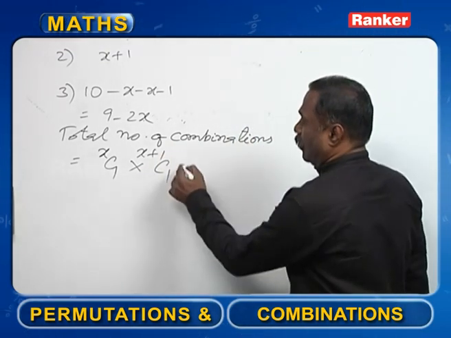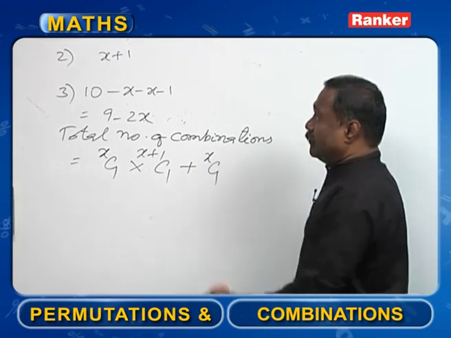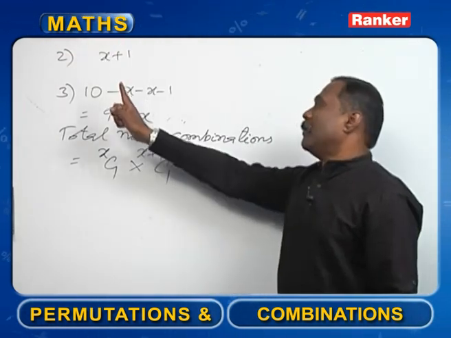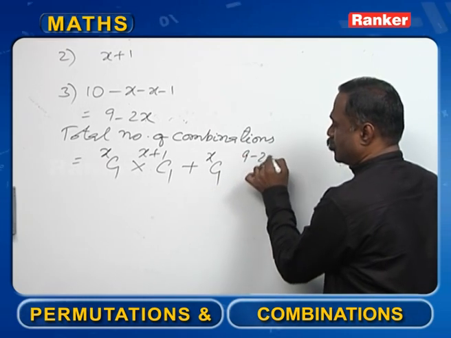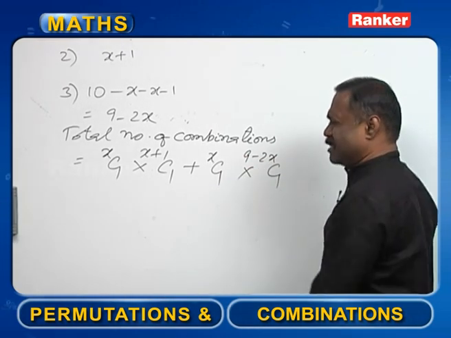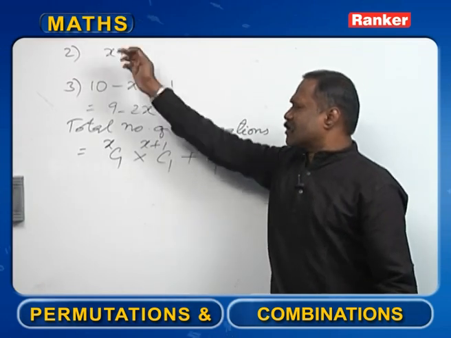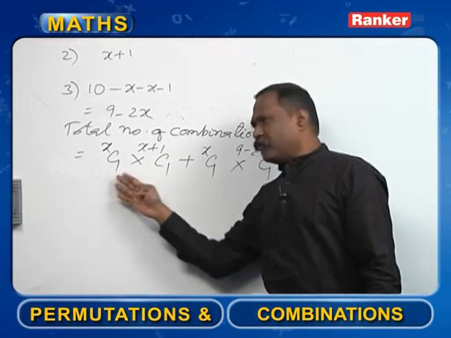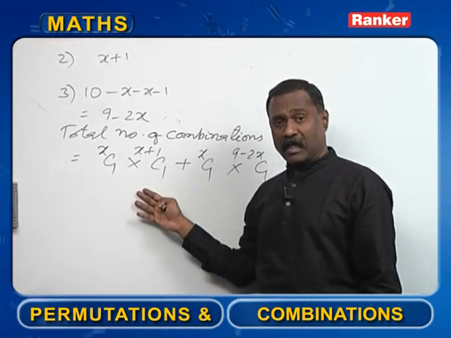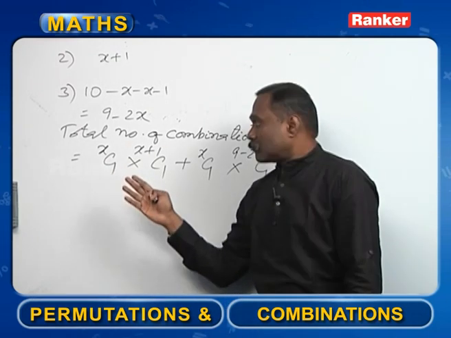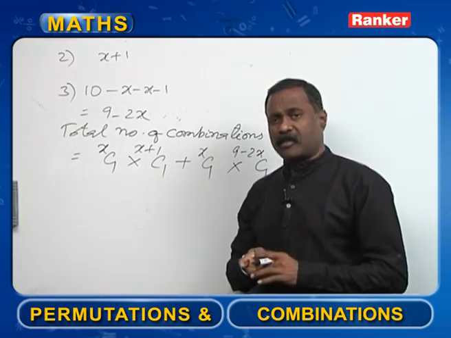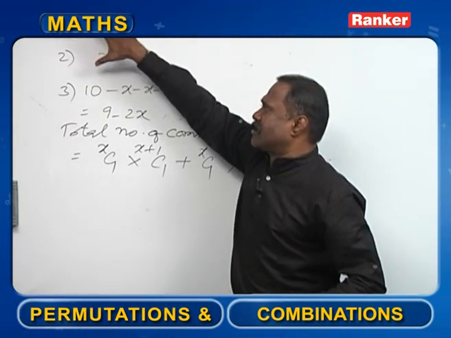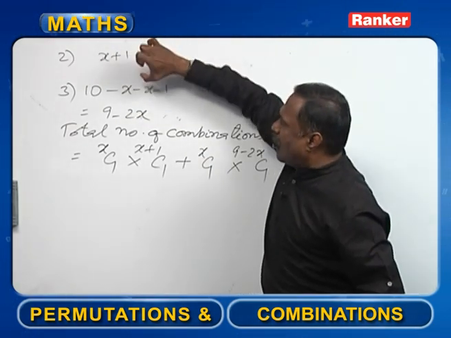Similarly, plus X C1 from this one, they may quarrel with these children also: into 9 minus 2X C1. Why should we multiply? The first operation and second operation have to be performed simultaneously or one after the other. That can be performed in M into N different ways. Principle of counting. Don't forget that. Principle of counting. So either this or this or this.